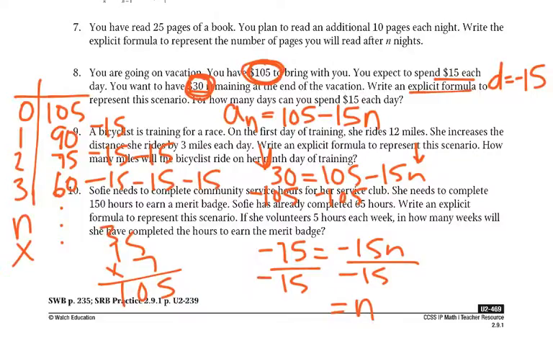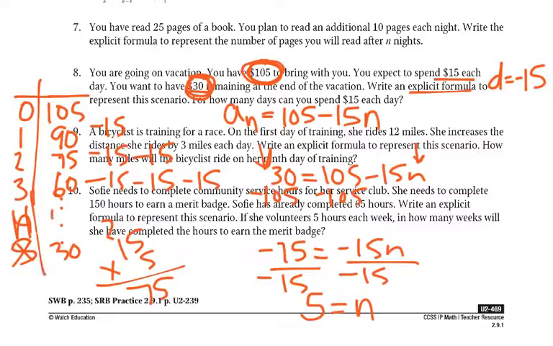So it would be 5. 15 times 5, yeah. So it would be 5. So 5 days. Okay. In 5 days, you don't have $30 left. And so if we kept going for 5, we would get that to 30. Okay?